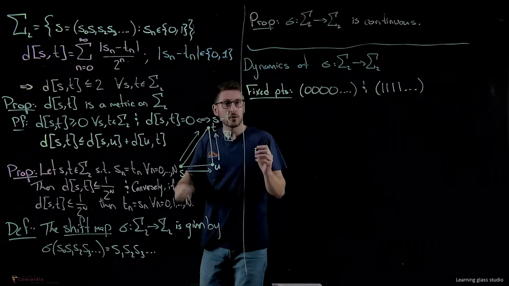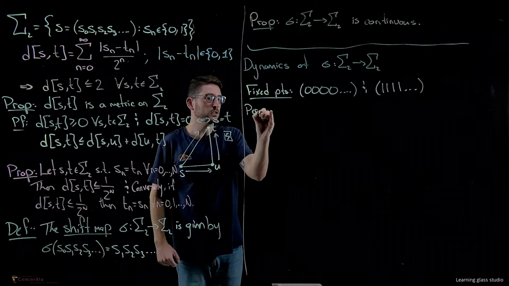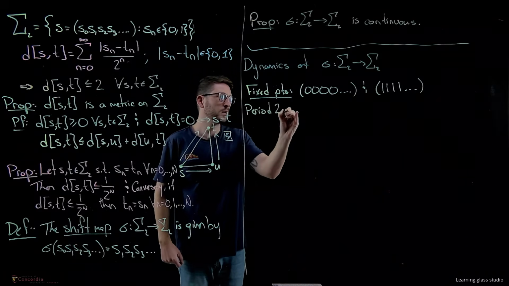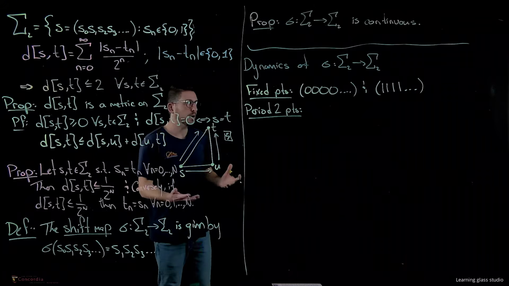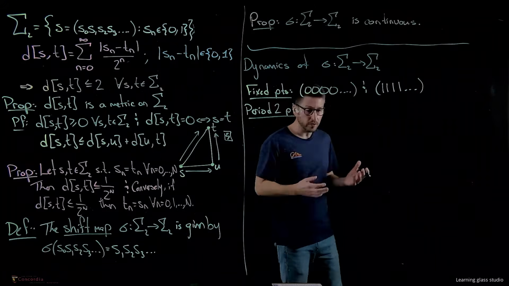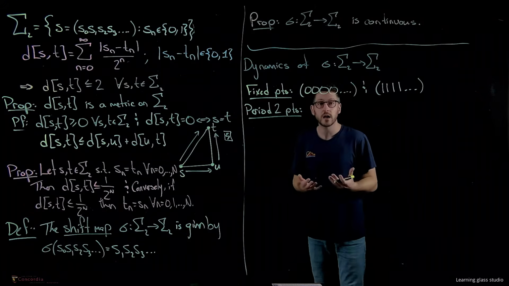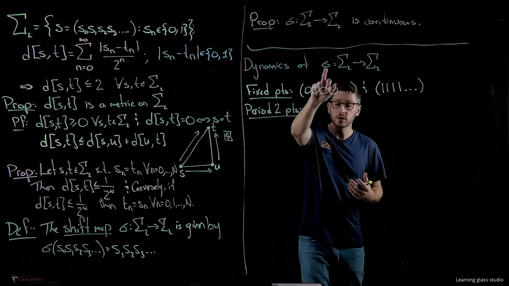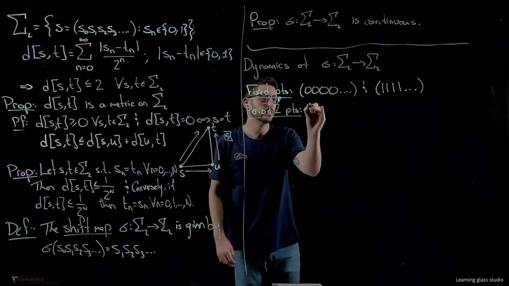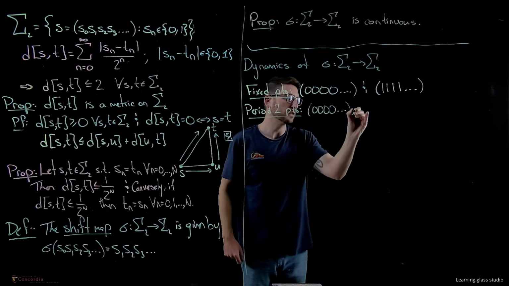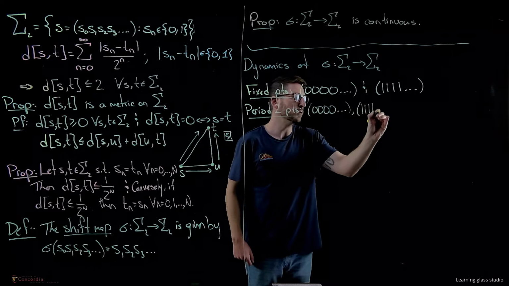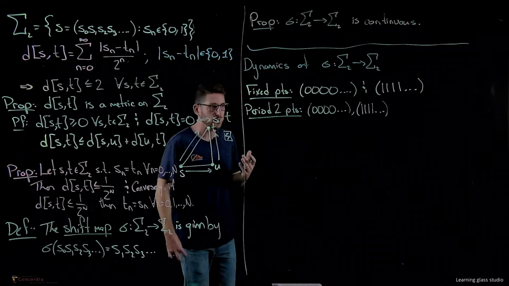Then what I could do is look at period 2 points. Okay, well, what's a period 2 point? A period 2 point is something that will repeat itself after 2 iterates of the shift map. Well, of course, the fixed points themselves are period 2 points. So there's 2 of them. Now these ones are trivial because they're also fixed points.